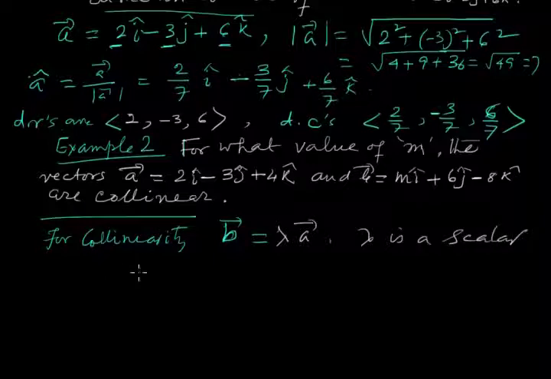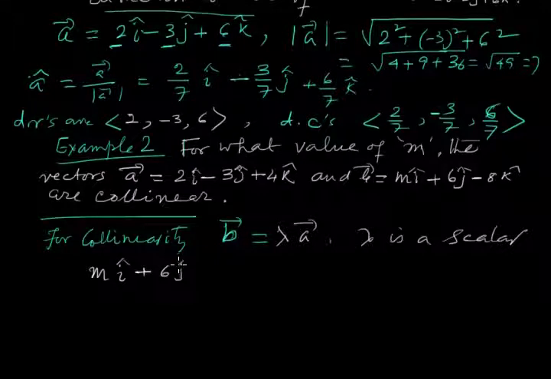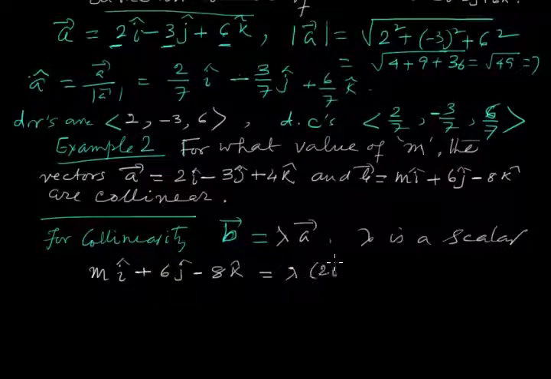Now if you write the B, that is m i plus 6j minus 8k, is equal to lambda times 2i minus 3j plus 4k.